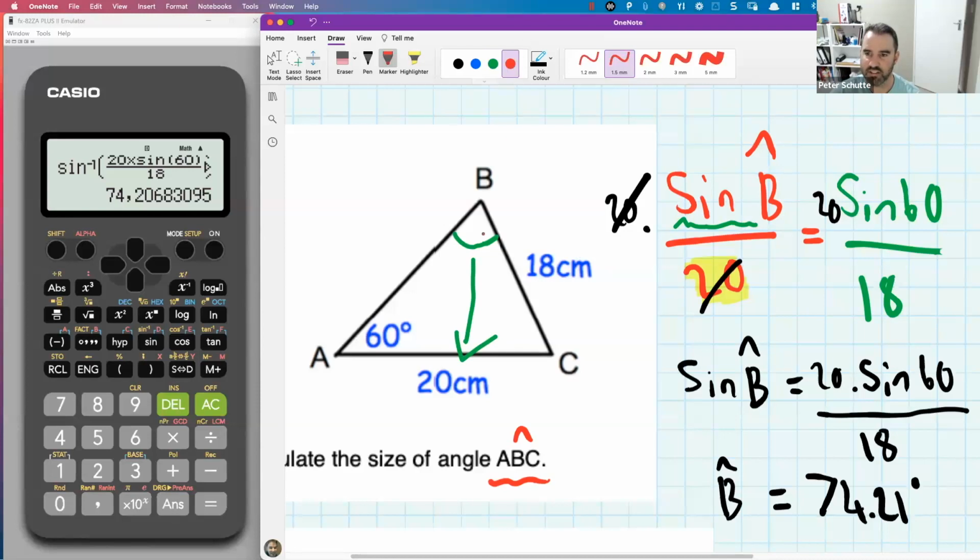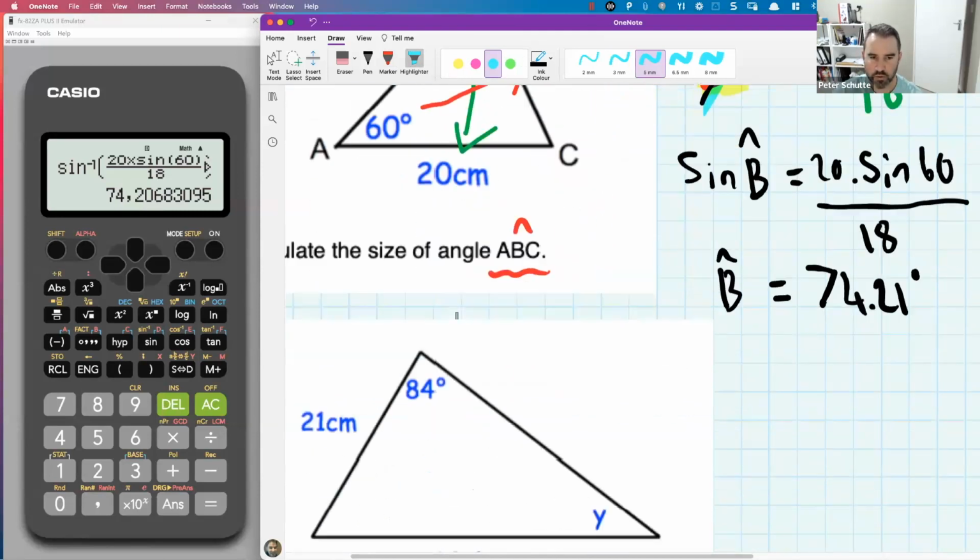So the sine of 60 divided by 18. So that's step one. Then the second step is to multiply both sides by 20. And then I can cancel out this and this. So that leaves me with this one. And then I go inverse sine and I apply it like I did with the calculator. And let's try and do one more before we run out of time today.